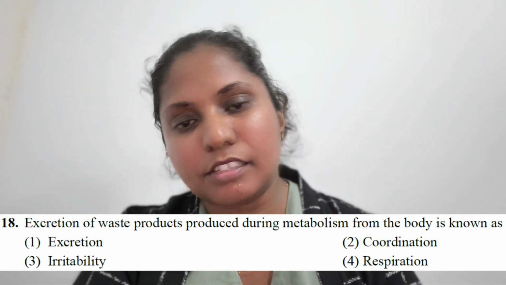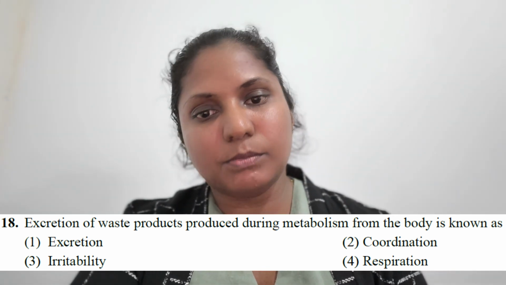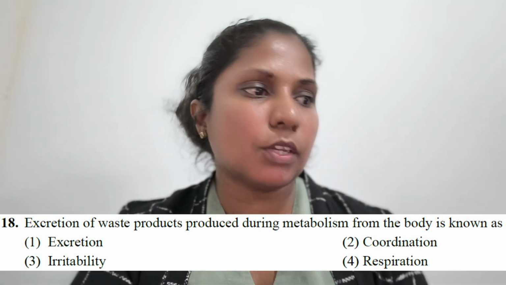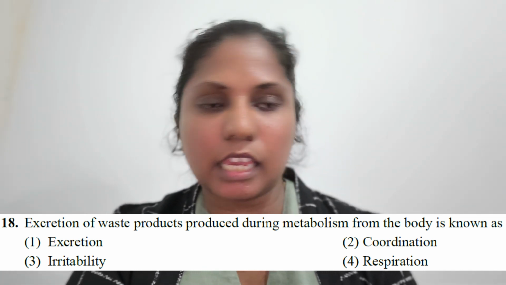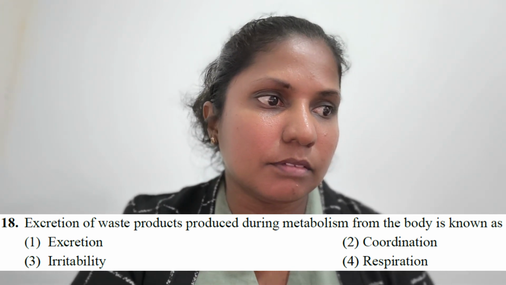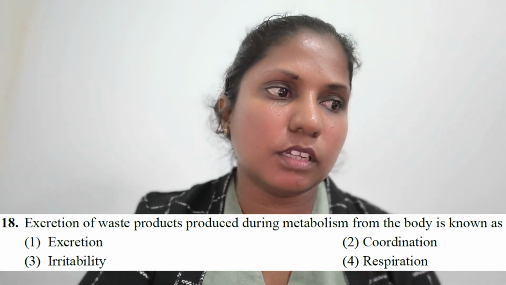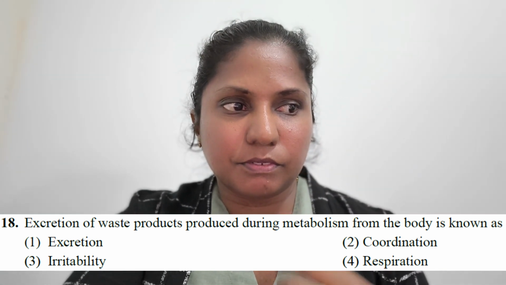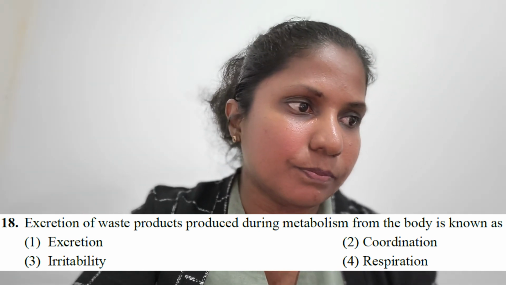Irritability means the ability of an organism to respond to a certain stimulus from the environment, like light, heat or pressure. This is a feature where living organisms react to changes in their surroundings.